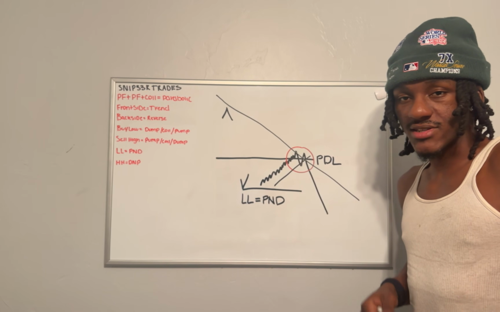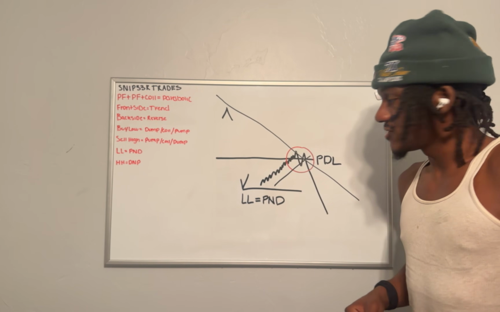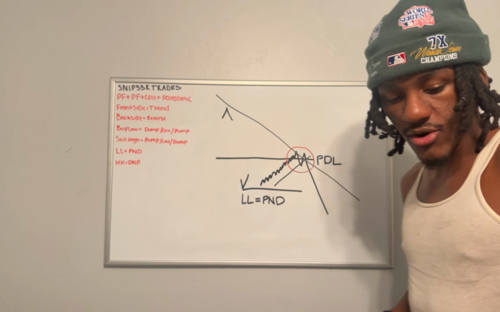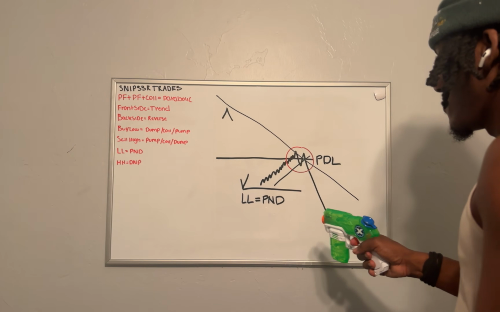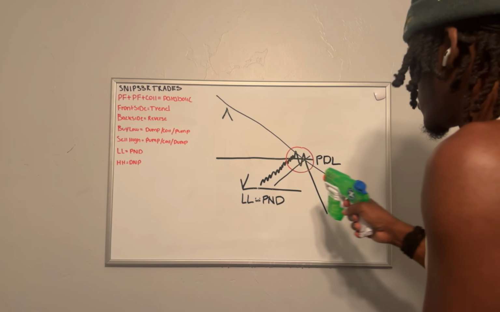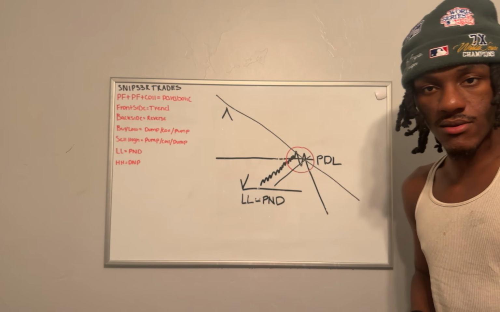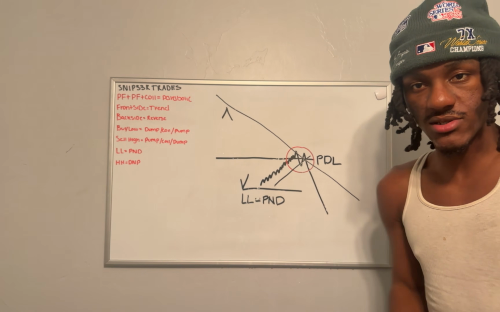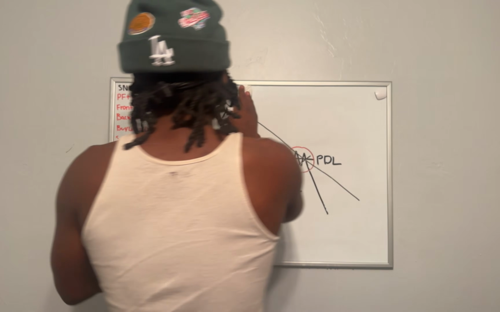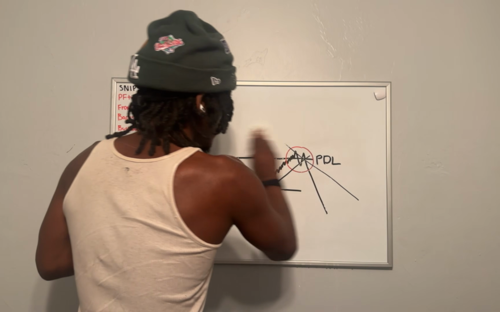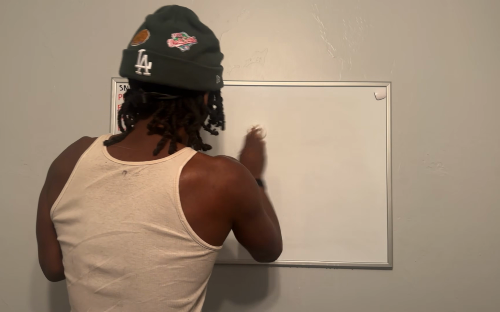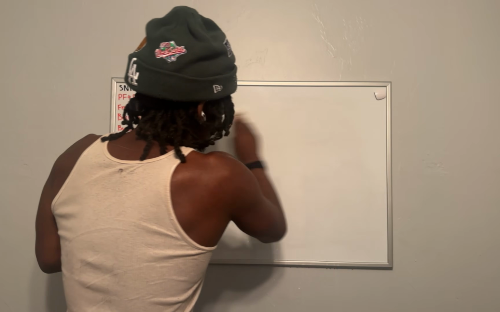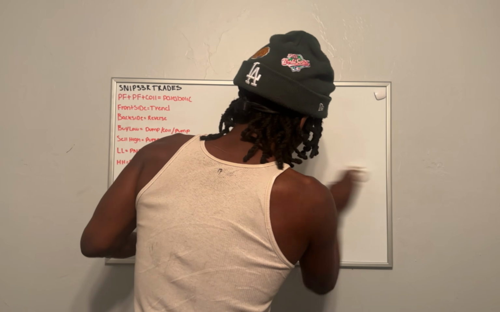Tuesday typically expands the range. So let's bring out our handy dandy tool once again, and we're going to go over false break reversals. Get it as clean as possible.